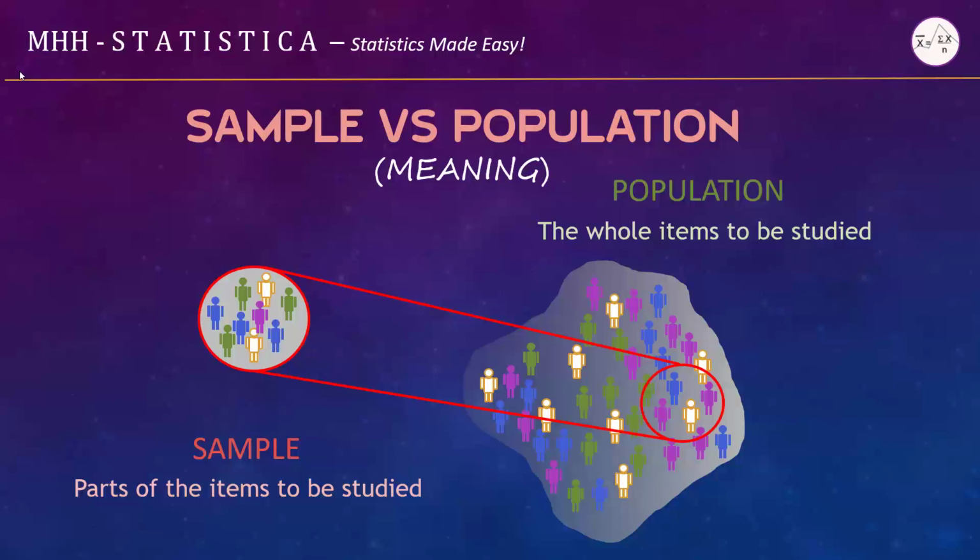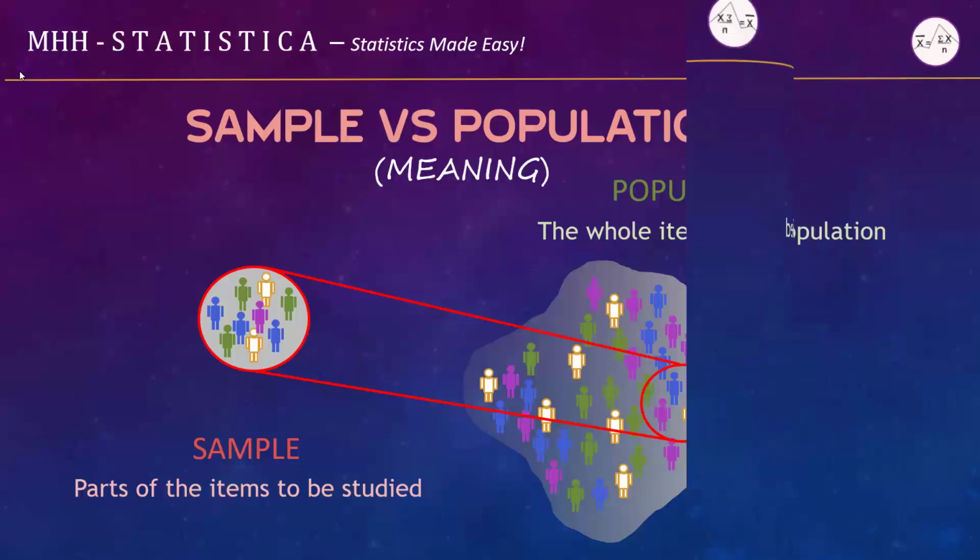In a population, the whole items are to be studied, and in a sample, only part of the items are to be studied. That is, in a population, you study the whole items and draw conclusions about it, while in the sample, you collect data from only part of the items to be studied.